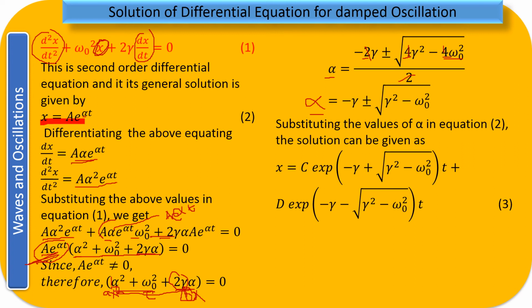So naturally here, this A, as I have already explained, is the superposition of the two amplitudes, given by C and D. So I can write x equal to C exponential minus gamma plus under root gamma square minus omega naught square into T, where we have taken the plus value, plus D into exponential minus gamma minus under root gamma square minus omega naught square into T.